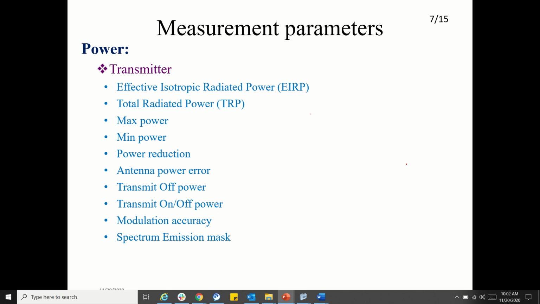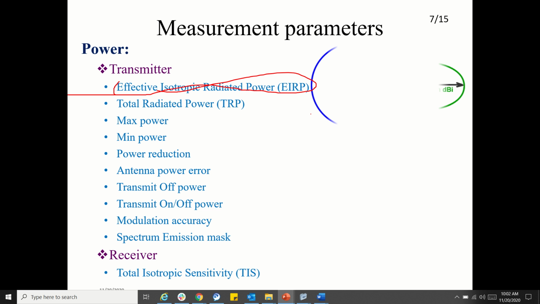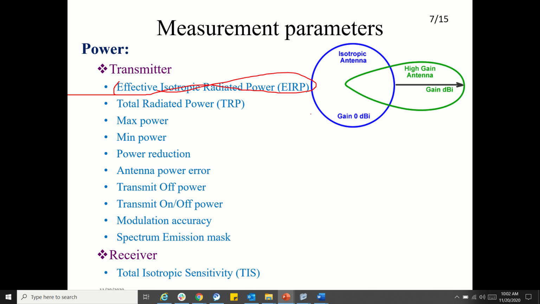From the transmitter point of view, the first and foremost parameter is effective isotropic radiated power. The definition is: an isotropic antenna is a hypothetical antenna that radiates equally in all directions.